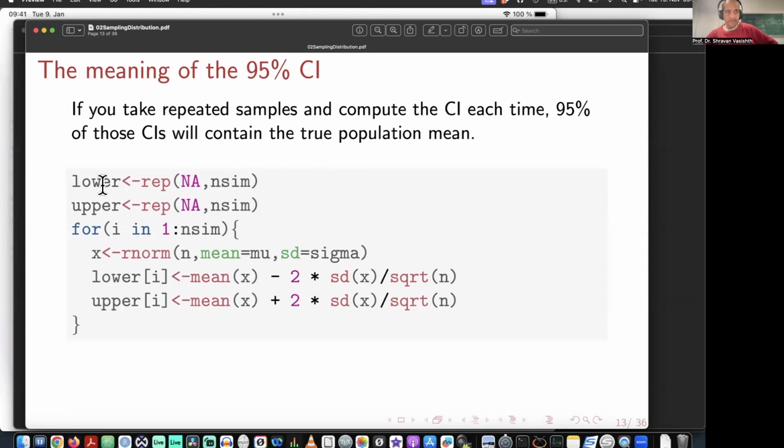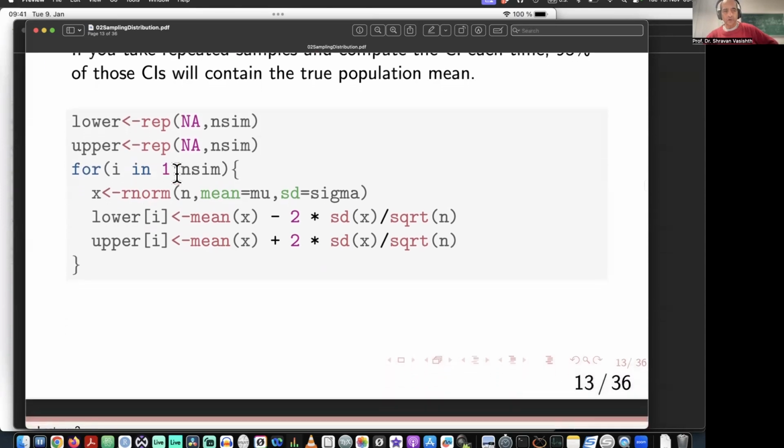I'm going to create a vector lower and a vector upper that will store my lower and upper bounds of the confidence intervals. For 1,000 simulations, I'm going to take a sample of size 100 from the same normal distribution. Normal just for illustration, okay? It doesn't really matter right now for us what distribution we are sampling from, as long as it has a mean and a standard deviation, okay?